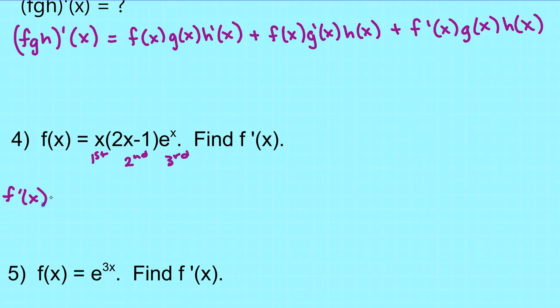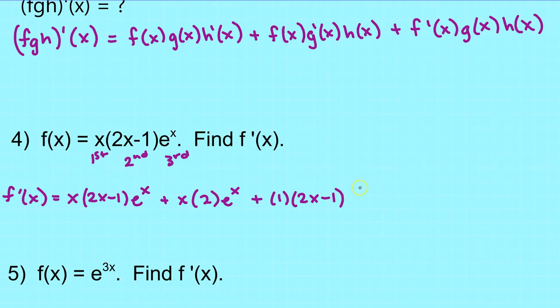So we have the first, x, times the second, 2x minus 1, times the derivative of the third, e to the x, plus the first, x, times the derivative of the second, 2, times the third, e to the x, plus the derivative of the first, which would be 1, times the second, 2x minus 1, times the third, e to the x.